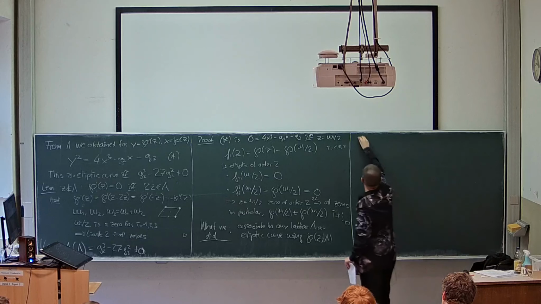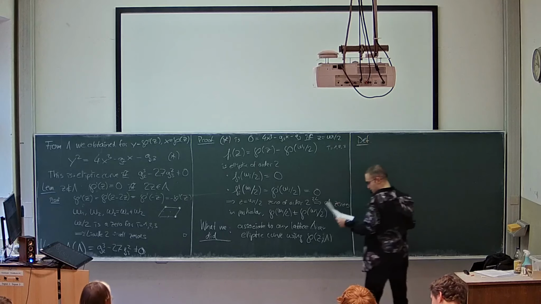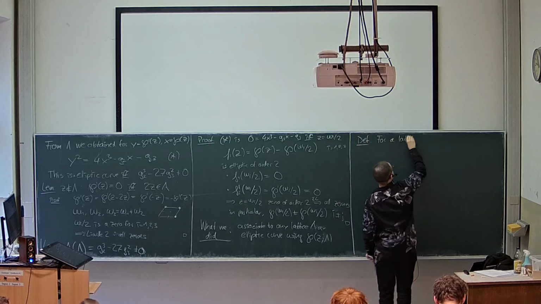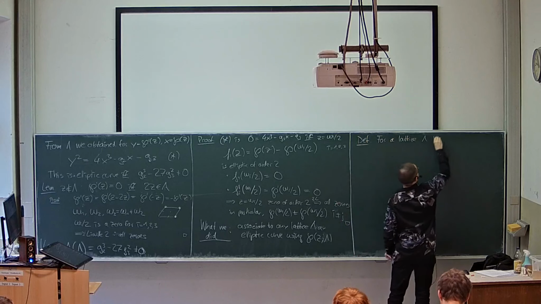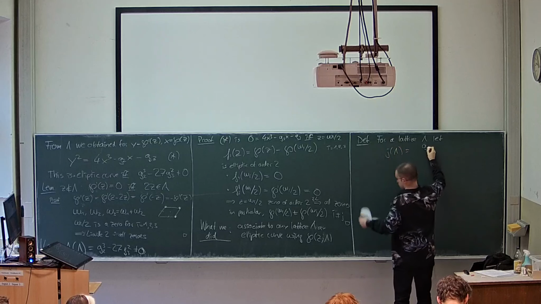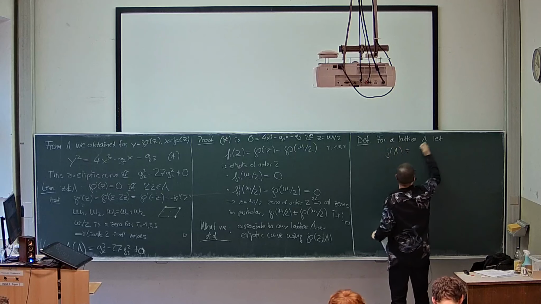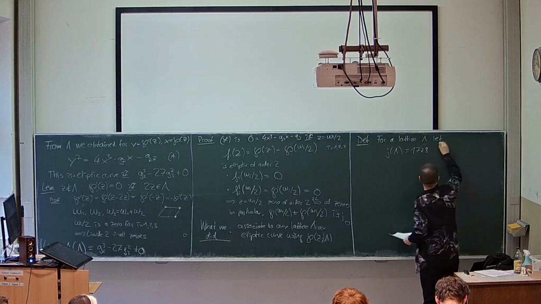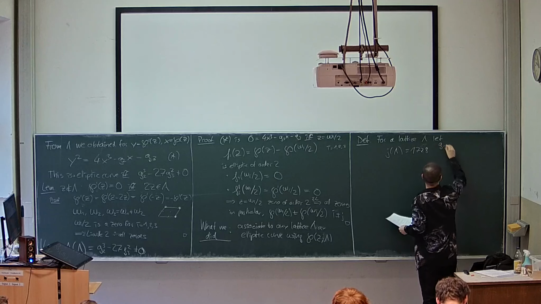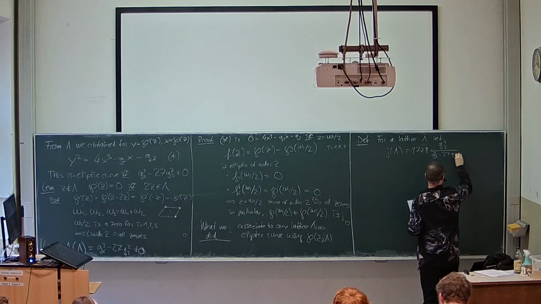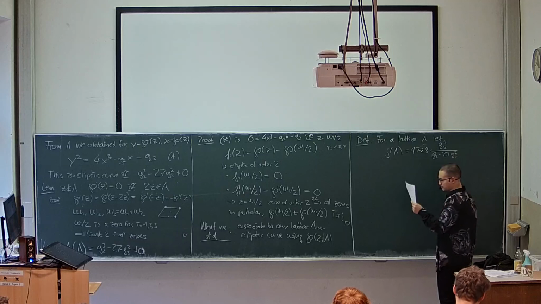So yeah, so let's start with the definition. For a lattice lambda, let the J invariant be, as usual with our nice factor giving some normalization, g2 to the 3 over g2 to the 3 minus 27 g3 squared.